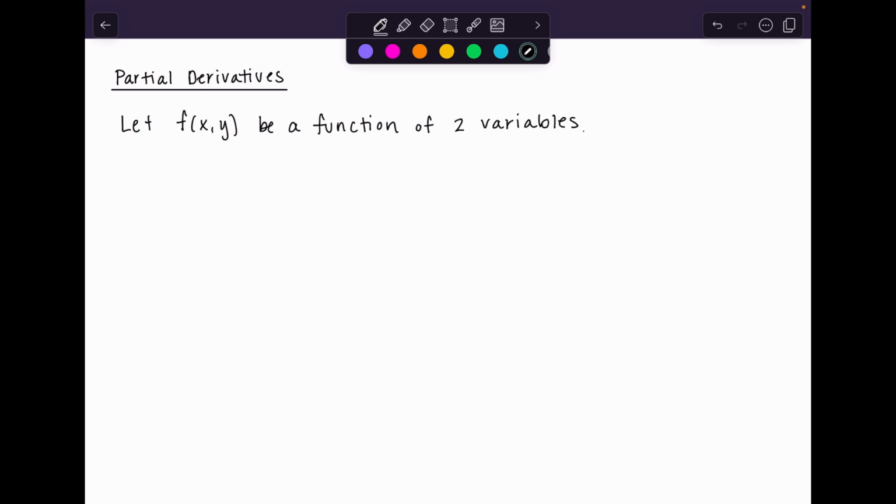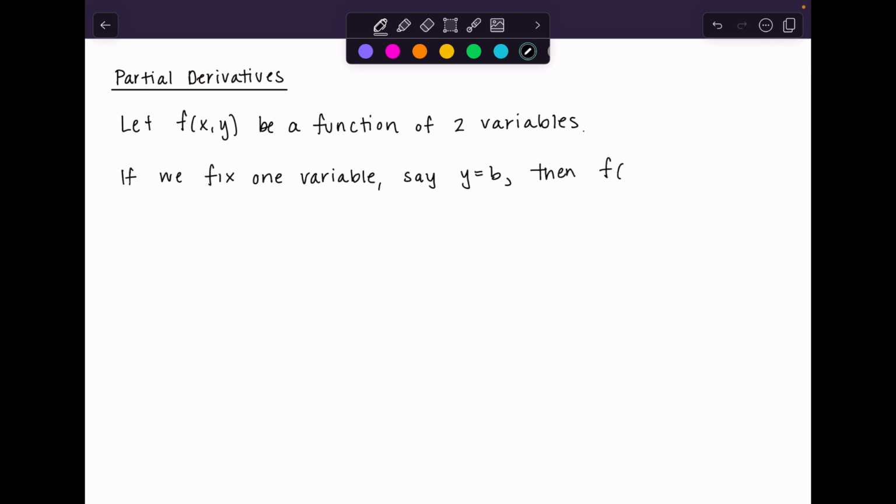So we're going to let f of x, y be a function of two variables. So let's start by fixing the y value. If we fix one variable, say we let y equal some constant b. Then x can run freely, but y is fixed to be this particular value.